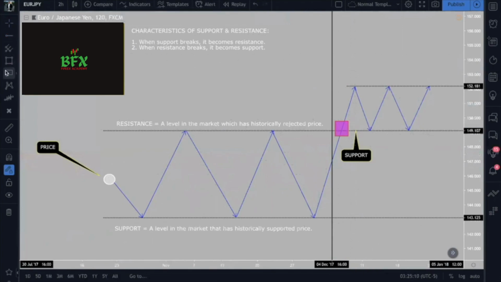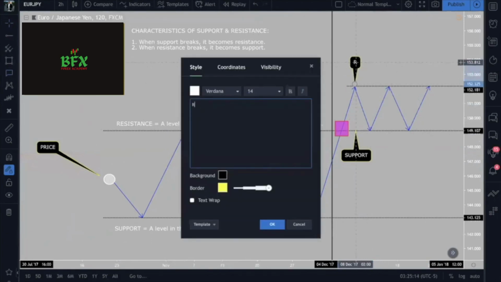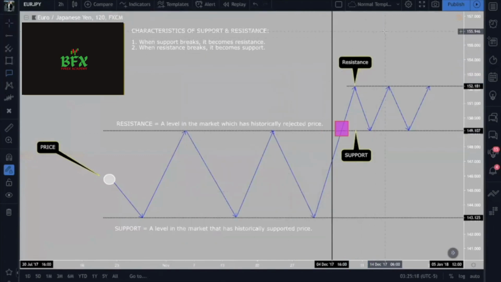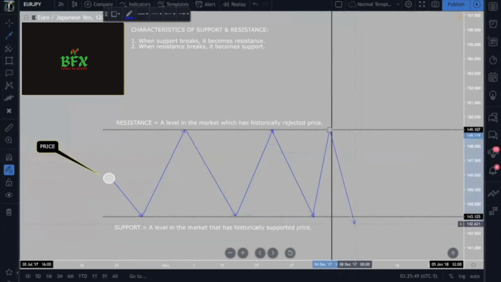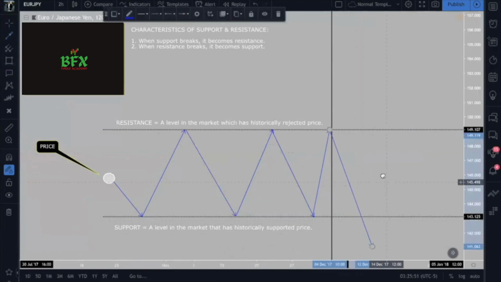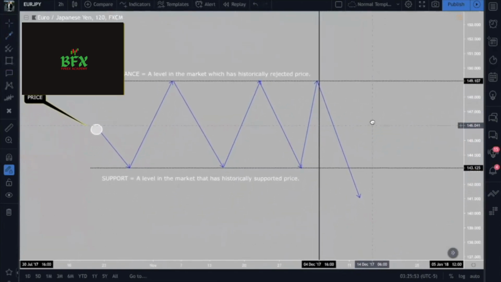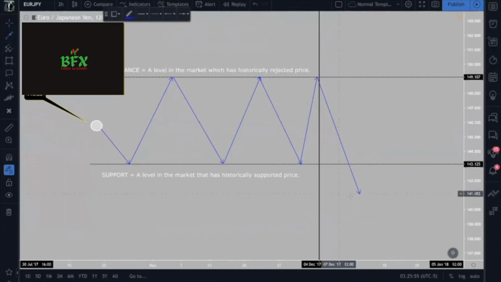And so we will end up with different boundaries now, like so. This is how it works. So let's go back. Now, similarly, when price breaches a support and is now beneath the support, that support is now going to act as resistance.